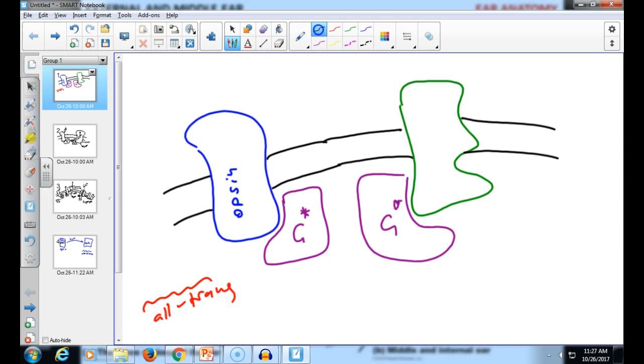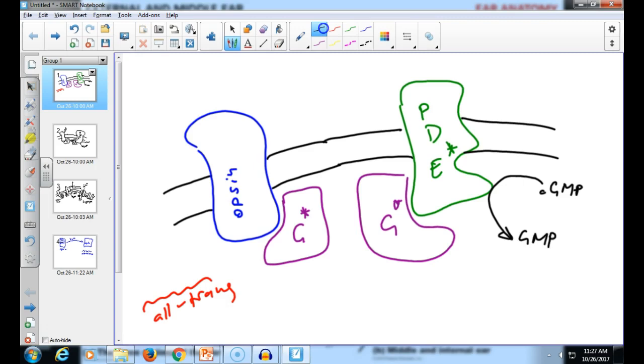Phosphodiesterase, and it is activated now. What does phosphodiesterase do? Say it one more time. Okay. Breaks down cGMP, producing just GMP.